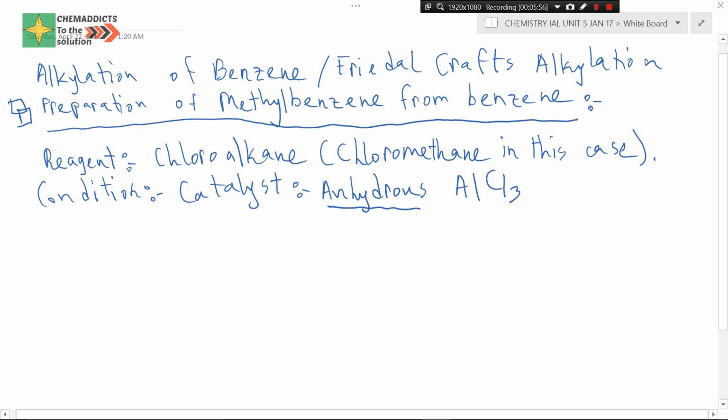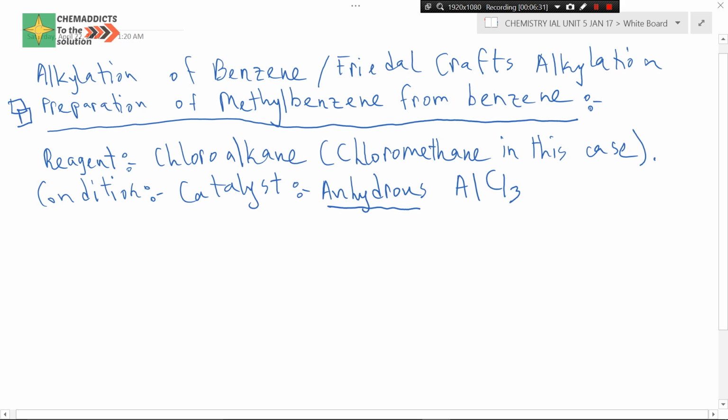Since the main objective of this reaction is to prepare methylbenzene from benzene, we expect that aluminium chloride reacts with this chloroalkane to form the methyl electrophile.